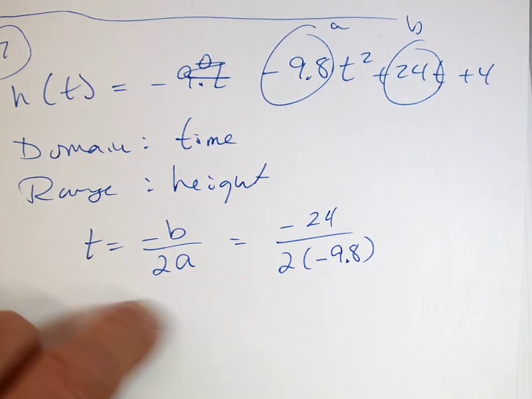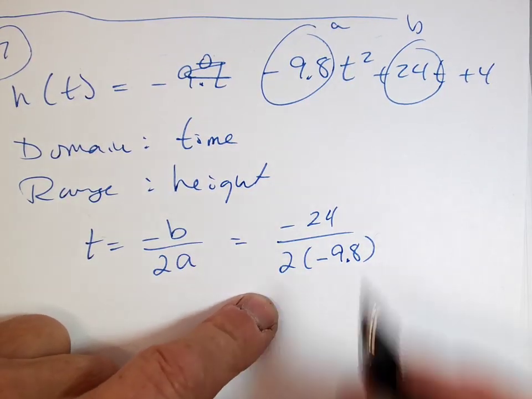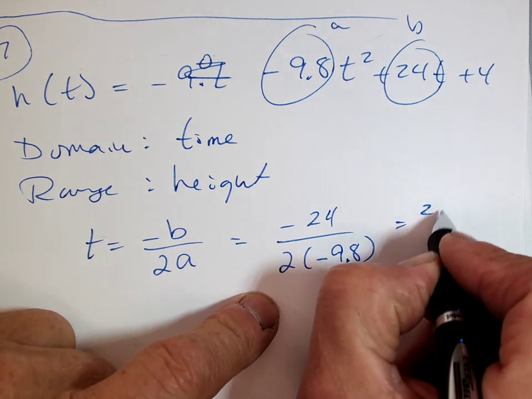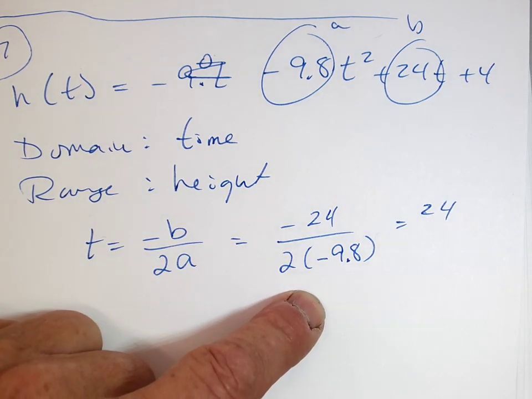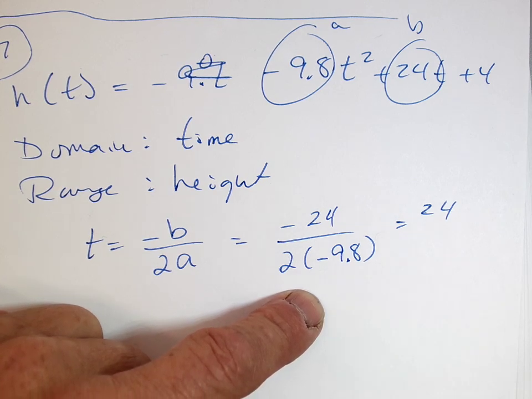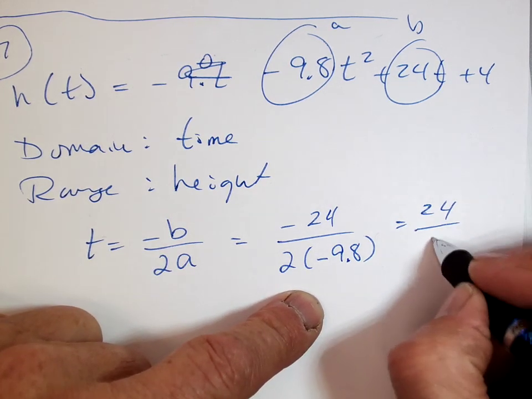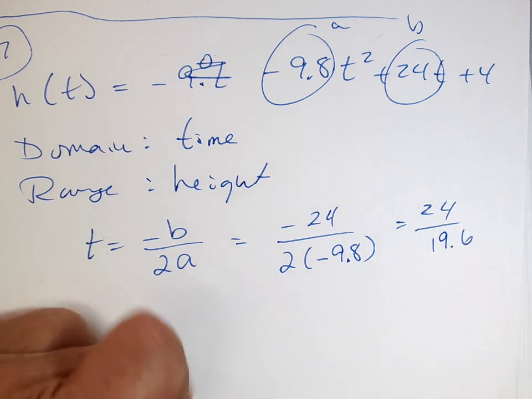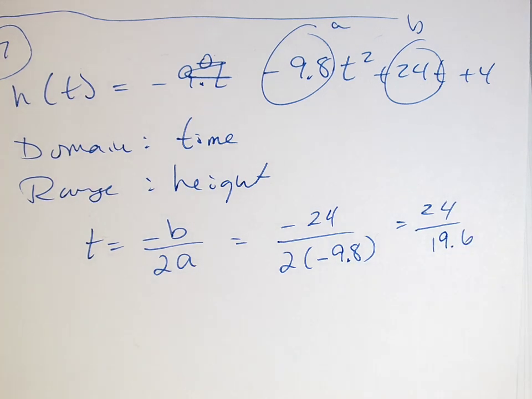All right, what is that? In my calculator, I'll tell you in a second. You're way ahead of me. I like that. 24, and then 2 times 9.8 is 19.6. And if I divide 24 divided by 19.6.